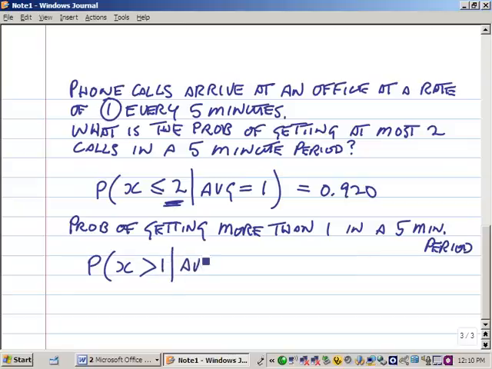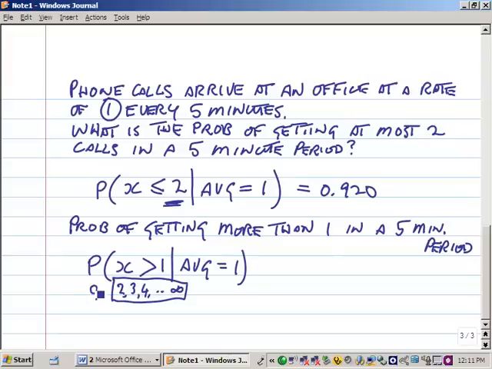The average number of occurrences is still the same, 1. So we're looking for not 1 occurrence, but 2, 3, 4, etc., through infinity. Okay, so this is what we're looking for.